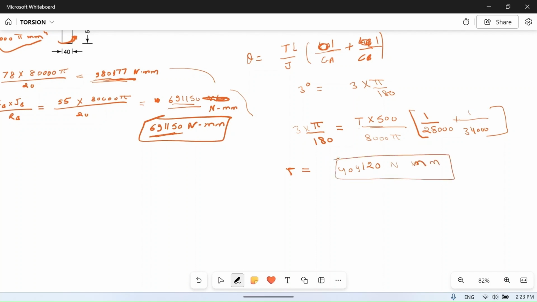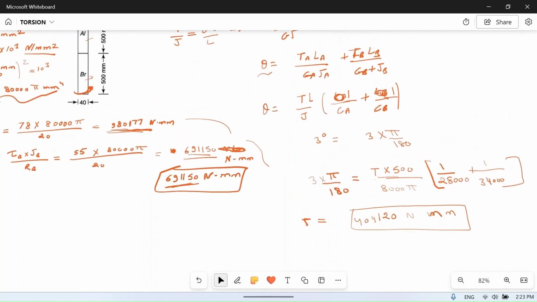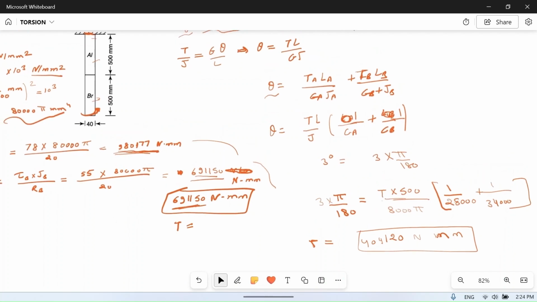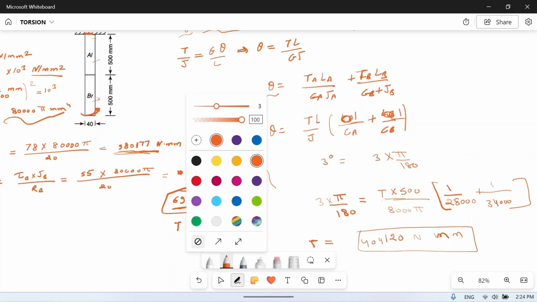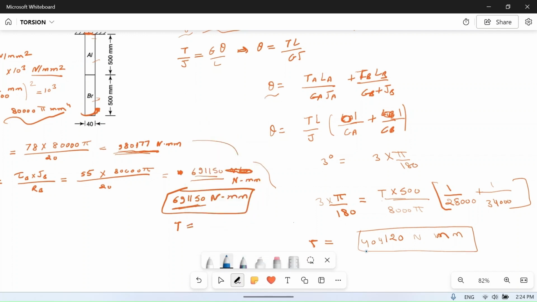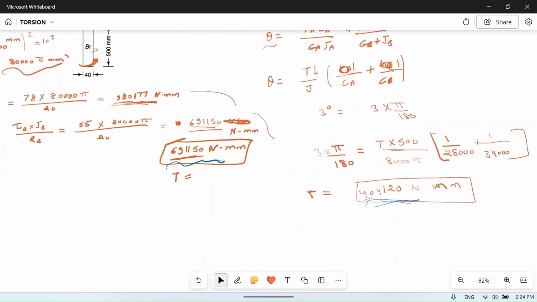So we have two values now. This is one torque which we had accepted, and this is also a torque which we have accepted. If we consider the maximum shear stress, then this much torque we can apply. But if we have to restrict the angle of twist to 3 degrees only, then only this torque can be applied. If we apply more than this torque, the angle of twist will be more than 3 degrees.